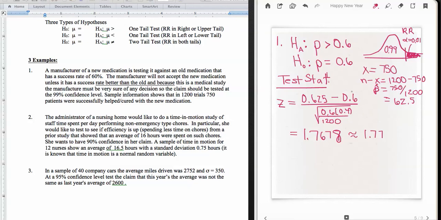So now what I want to do is find out, is this unusual or not? So I want to find the probability of that. And my unusual gauge is going to be if it's less than that alpha value. So this is less than 0.01. That's what I'm asking. So less than 0.01 is going to tell me that it is.